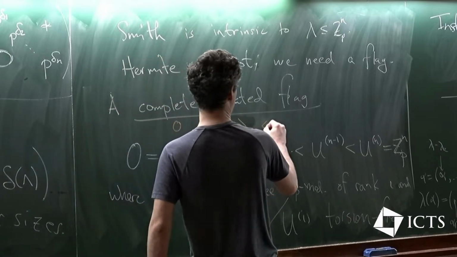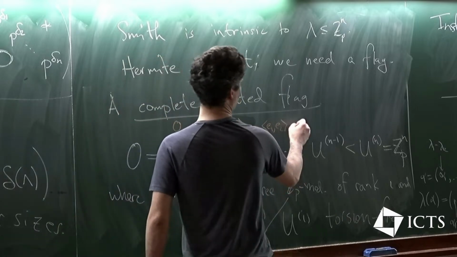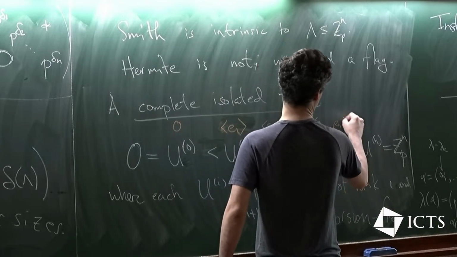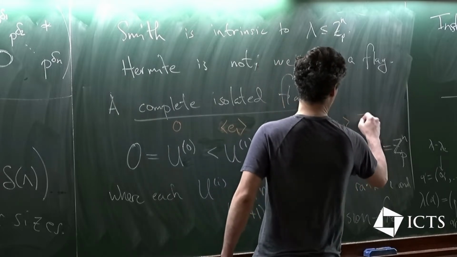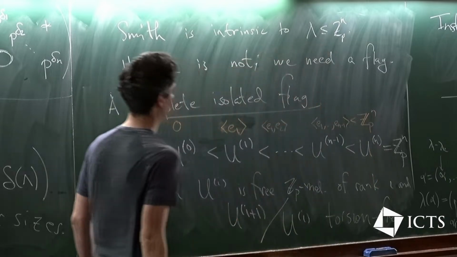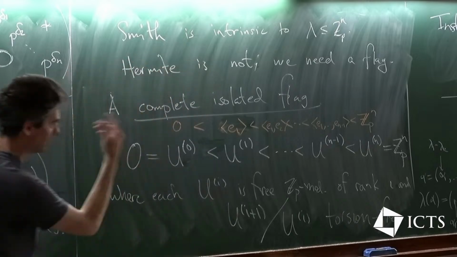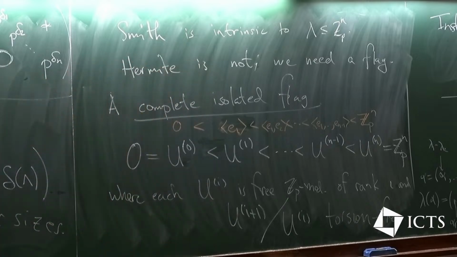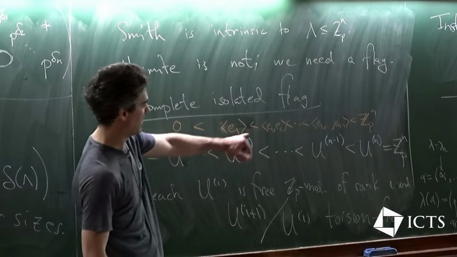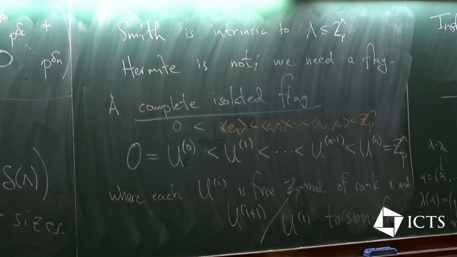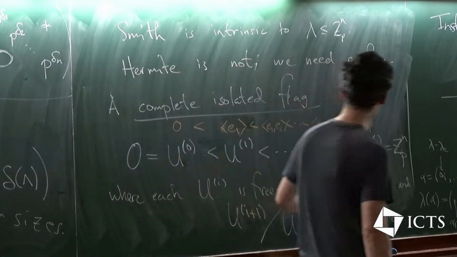You have e1, e2, and so on, all the way up to e_{n-1}, and then you get to your final destination. That's one example of a complete isolated flag, when you have a basis already for that space there. Okay, so really what you need is this flag.